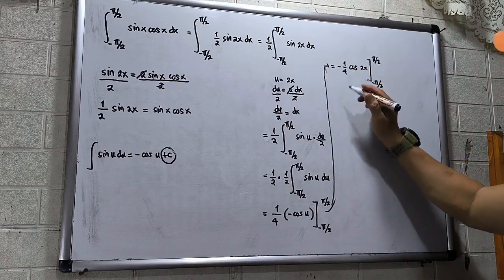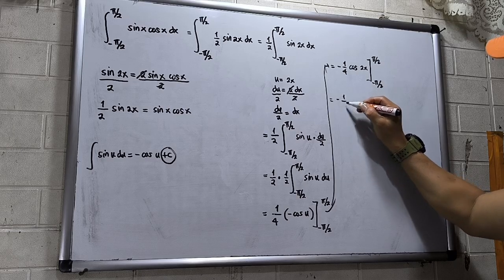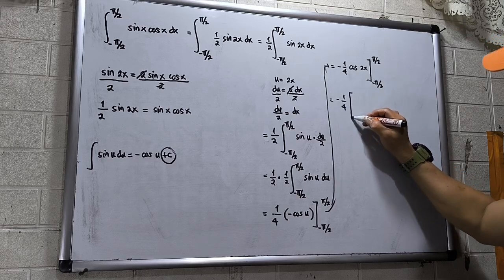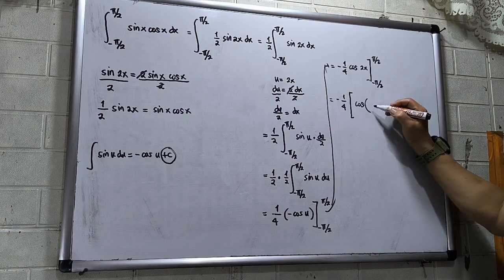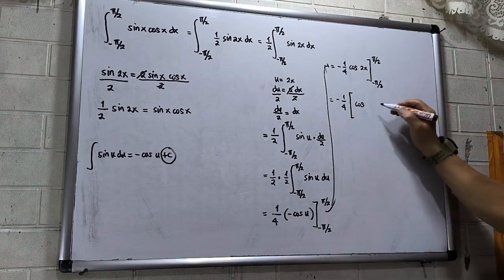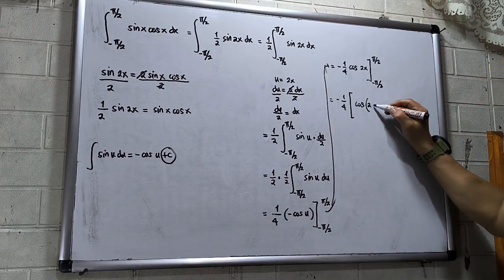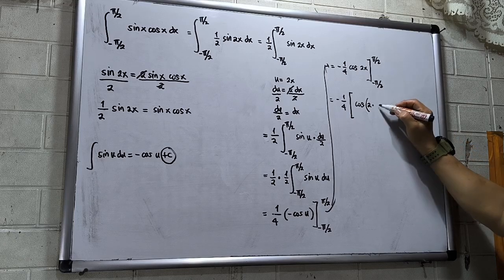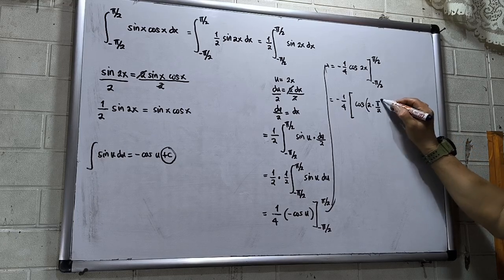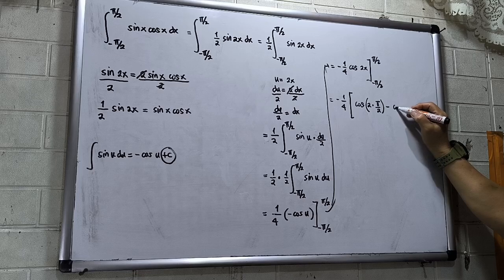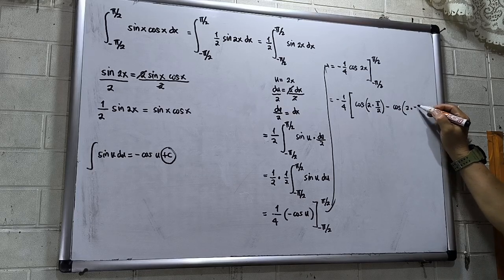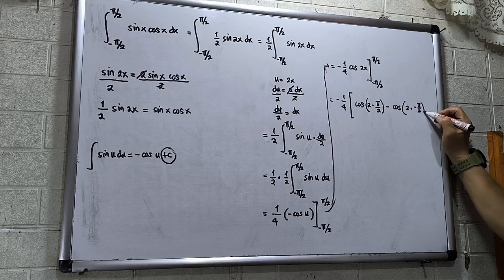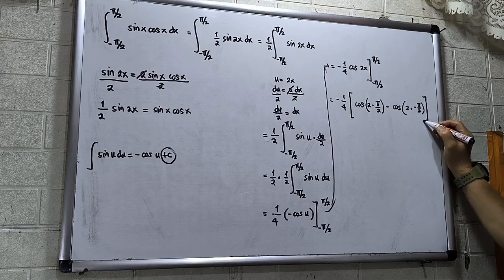So this will be negative 1 over 4 times, in square brackets, cosine of 2 times pi over 2 minus cosine of 2 times negative pi over 2.